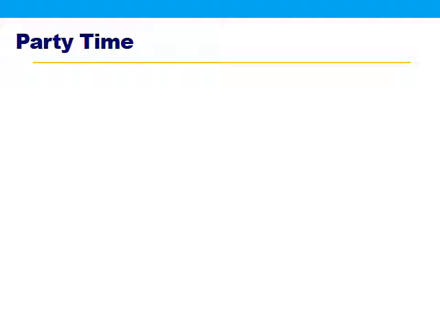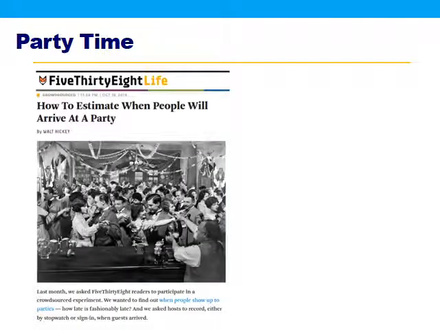In fact, they'll show up a little bit later than that. So, as we'll see in a few slides, what I did with your answers to those questions is I calculated how early or late you would show up to the party relative to 9 o'clock based on your answers. But first, let's see how other people answered this same question.